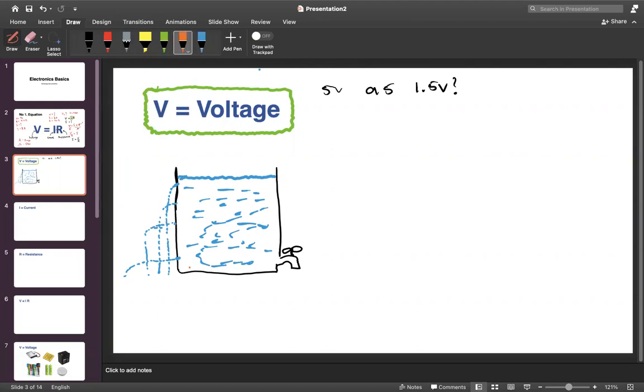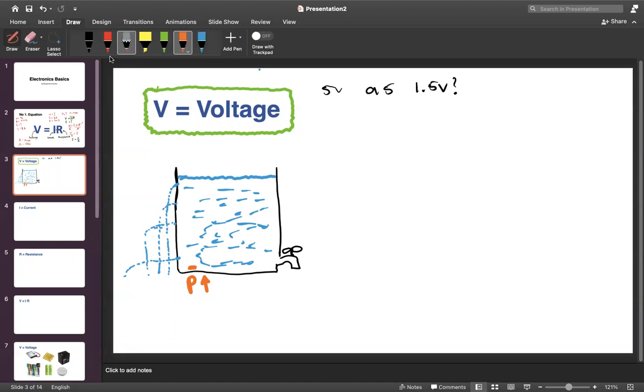That means the water pressure is very high here compared to here. That is why the water is shooting. So do you understand the water tank scenario? Yes.